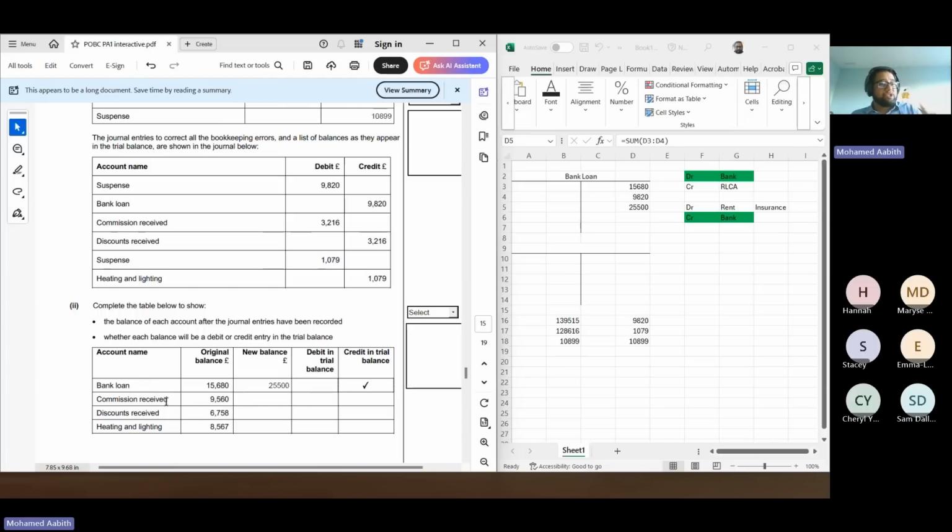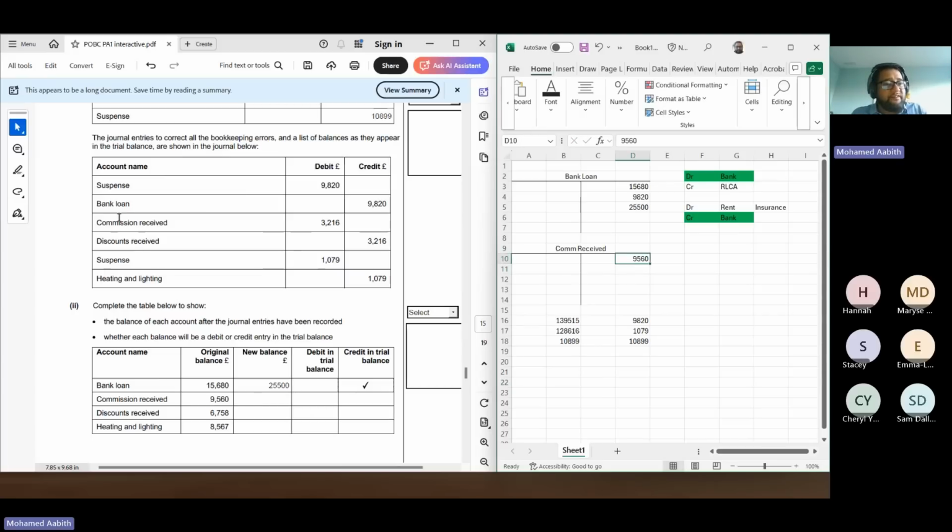Now let's look at the commission received. Commission received is normally a debit balance or credit balance? It's a credit balance, because it is an income. So 9,560 pounds.